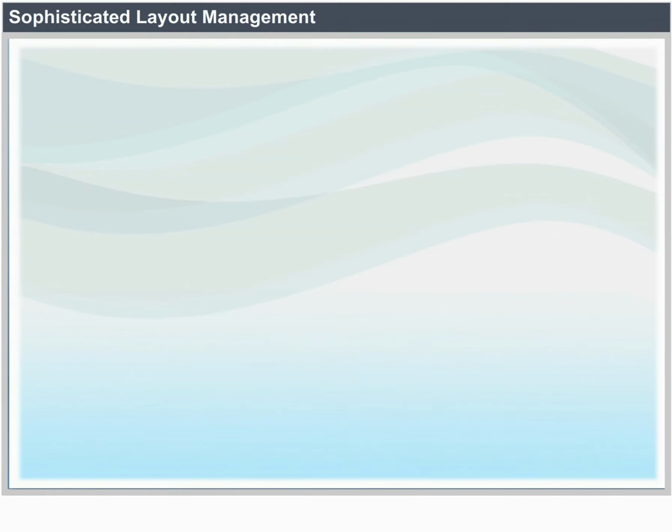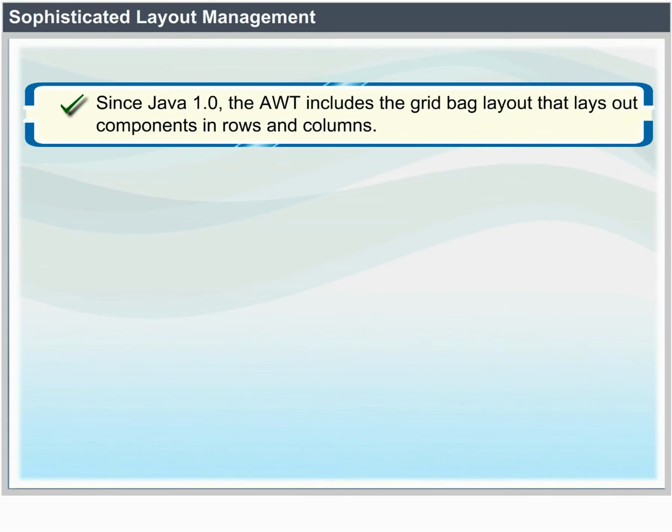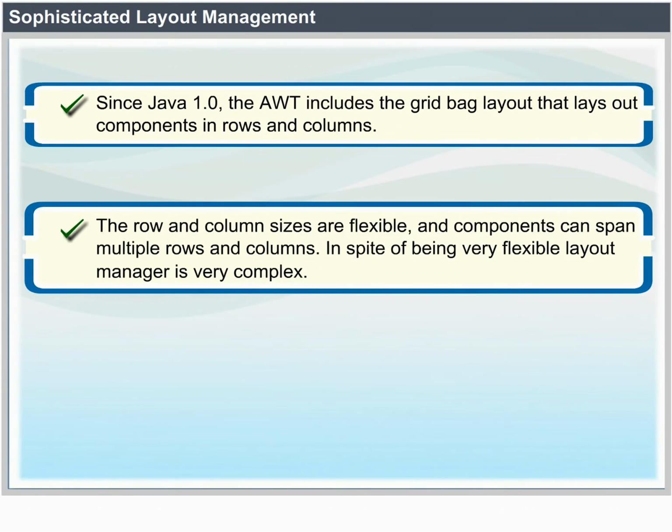Sophisticated layout management. Since Java 1.0, the AWT includes the GridBagLayout that lays out components in rows and columns. The row and column sizes are flexible, and the components can span multiple rows and columns. In spite of being very flexible, this layout manager is very complex.